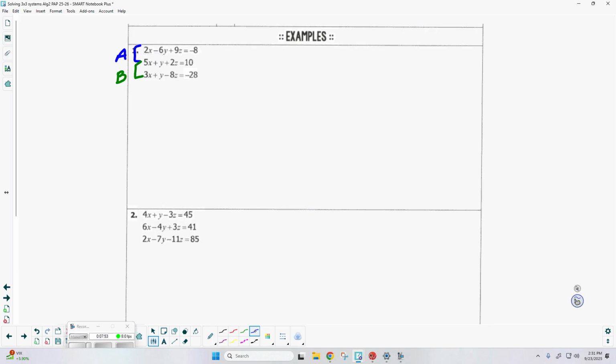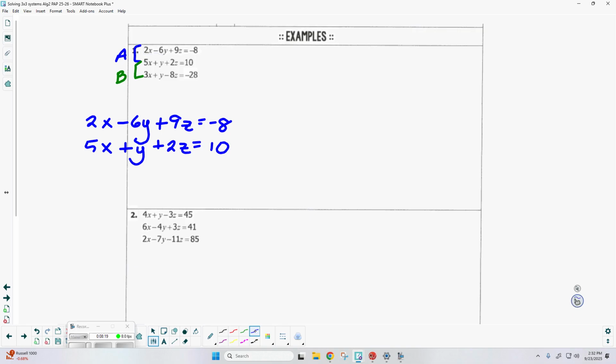So I'm going to take these top two. 2x minus 6y plus 9z is equal to negative 8. And then we have 5x plus y plus 2z is equal to 10. Now remember, it doesn't matter if we end up with the same coefficient or opposite coefficients. That just depends on if we're going to add or subtract.